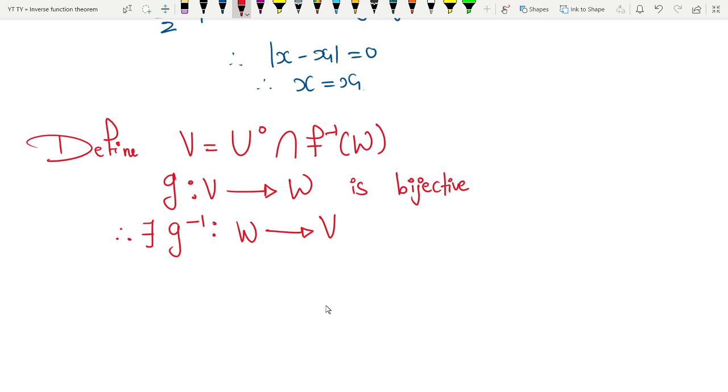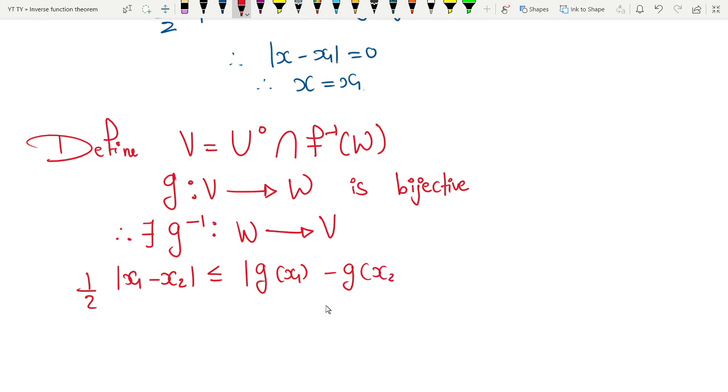Now our task is to prove that it must be continuous. While choosing U, we assumed that for any points x1 and x2, half of the norm of x1 minus x2 is less than or equal to the norm of g(x1) minus g(x2).